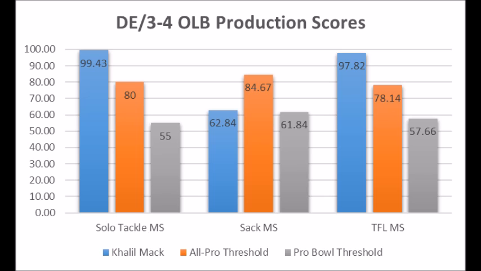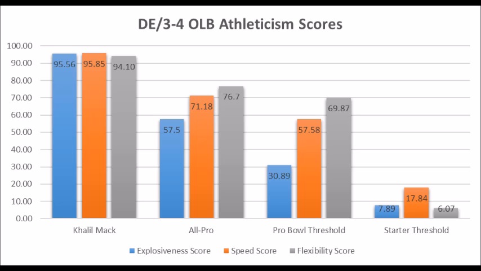And when it comes to his athleticism, this is probably one of the main things that Khalil Mack wins out on: he was a tremendous athlete in every single facet of his game. He had a 95.56 explosive lower body strength score, a 95.85 speed score, and a 94.10 flexibility score. In many ways, he is an elite level athlete in the NFL.